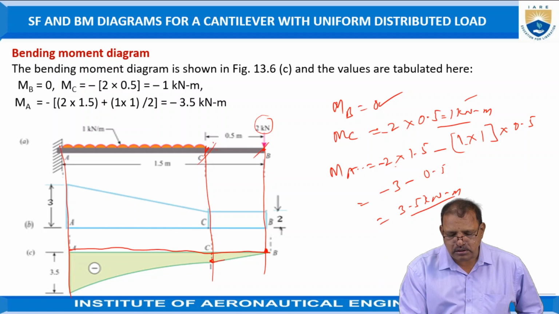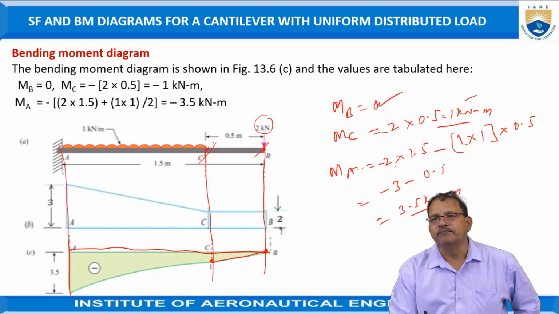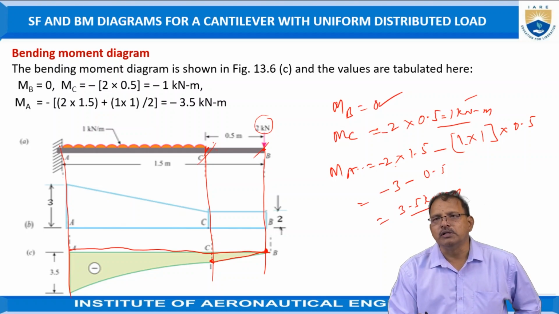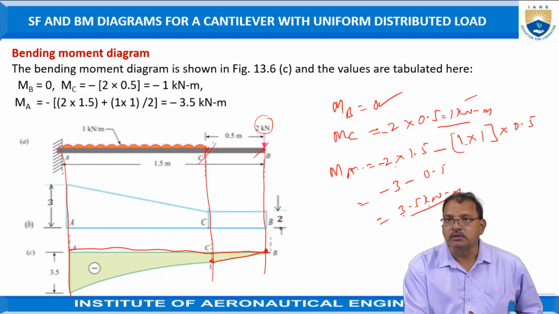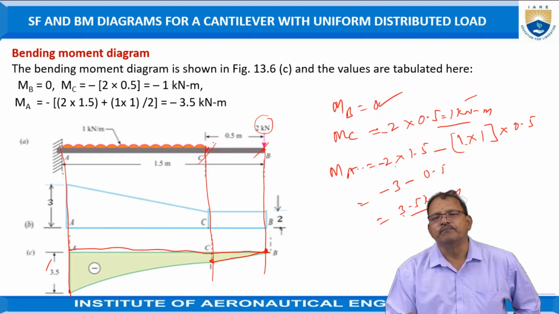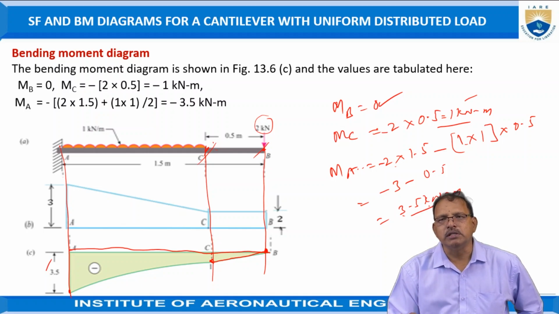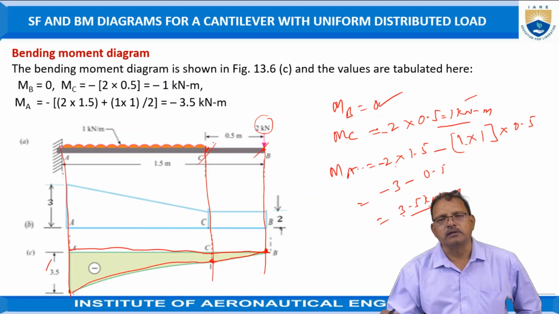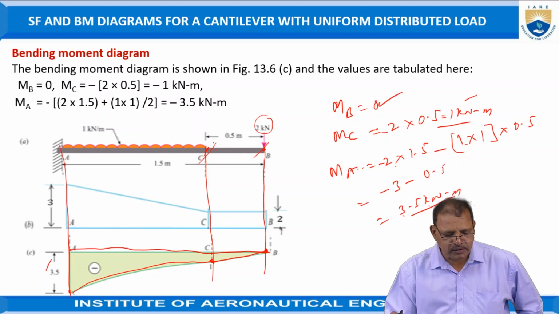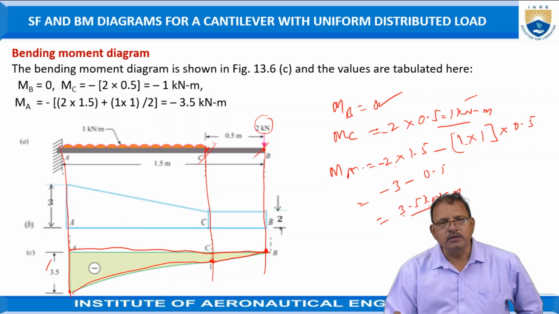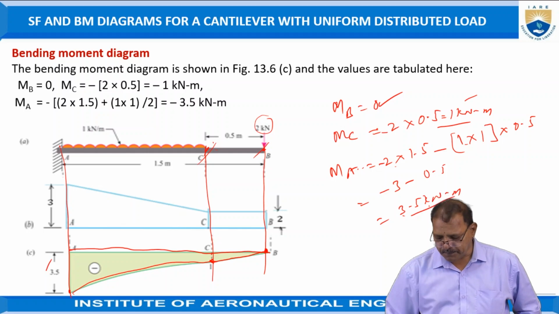Since the point load is there, it changes according to an inclined straight line. At the A position, the value is 3.5 kilonewton meter. Represent it here. Since it has the effect of uniformly distributed load, it follows a parabolic curve. Hence, join these two points using a smooth curve as in the figure. This diagram represents the bending moment diagram, which is the combination of the point load as well as the uniformly distributed load acting on a cantilever beam.